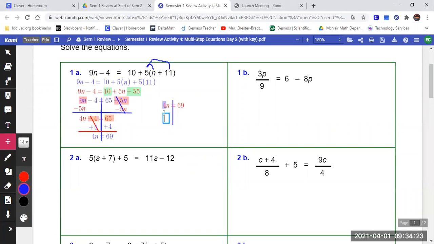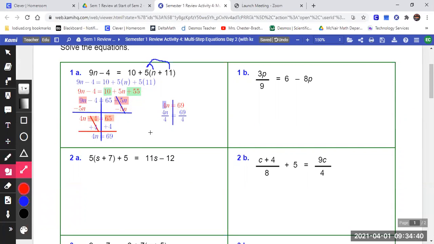All right, so we're going to divide 4 on both sides. That means I have a 4n that I'm dividing by 4, and it's going to equal 69 that I'm dividing by 4. You are not making decimals. You are not using a calculator. You do not need to. It is a waste of your time. You're leaving it as a simplified fraction.